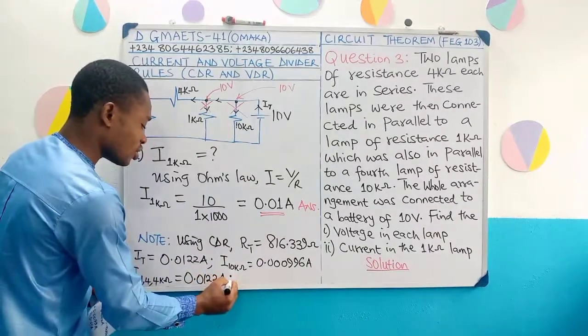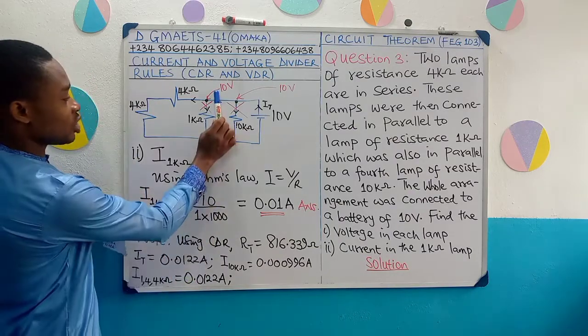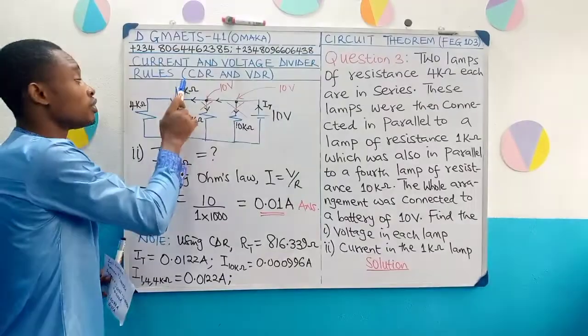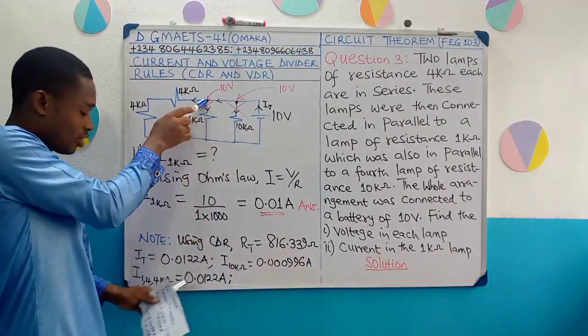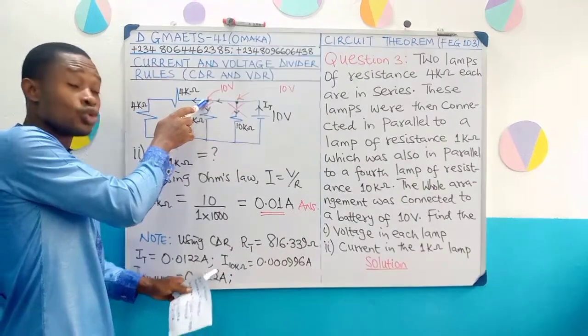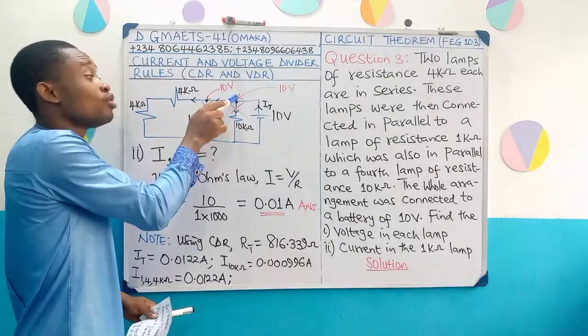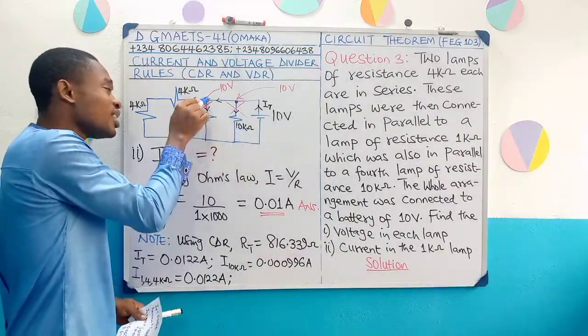Now, from there, this current is the total current entering this part from here like this now. Are you following, right? So it's going to feed 1 kilo ohms, 4 kilo ohms, and this 4 kilo ohms. But at this point, that value of current 0.0122 will share. So you still need to use CDR at this point, just like you use this to get the current that will enter here. Are you following? You still need to use CDR at this point.